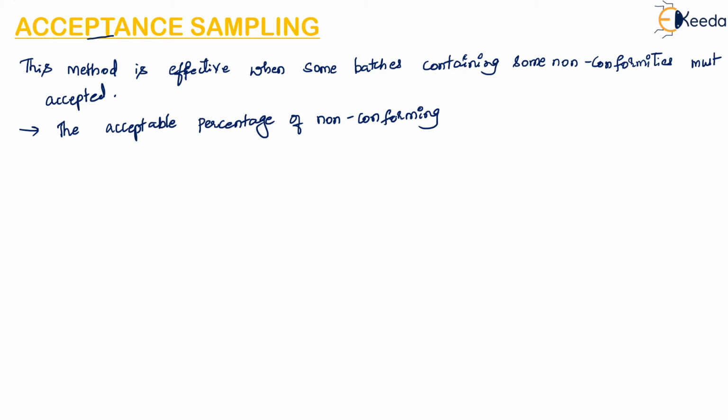The acceptable percentage of non-conforming items cannot be 0 in acceptance sampling.